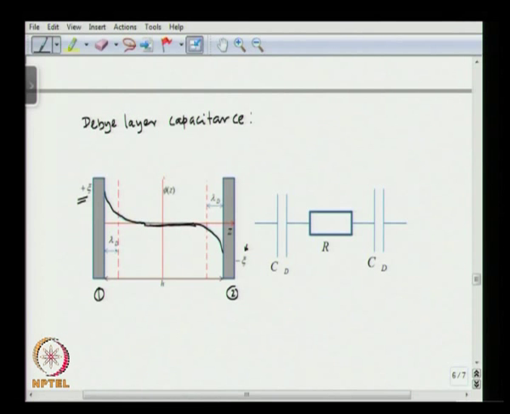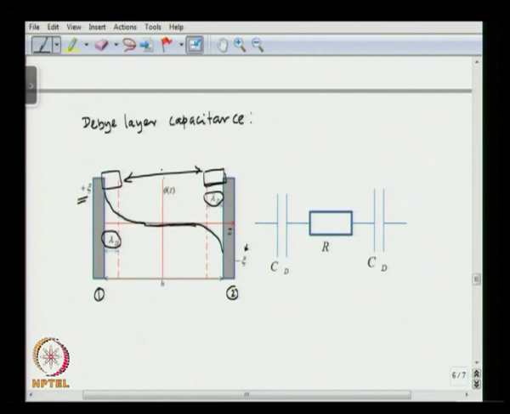Now you have a Debye layer close to both these walls, specified by lambda d. Okay. So what is happening is you have a capacitor configuration here, because it is storing charge, and you have another capacitor here, and then inside the bulk you have some kind of a resistor.